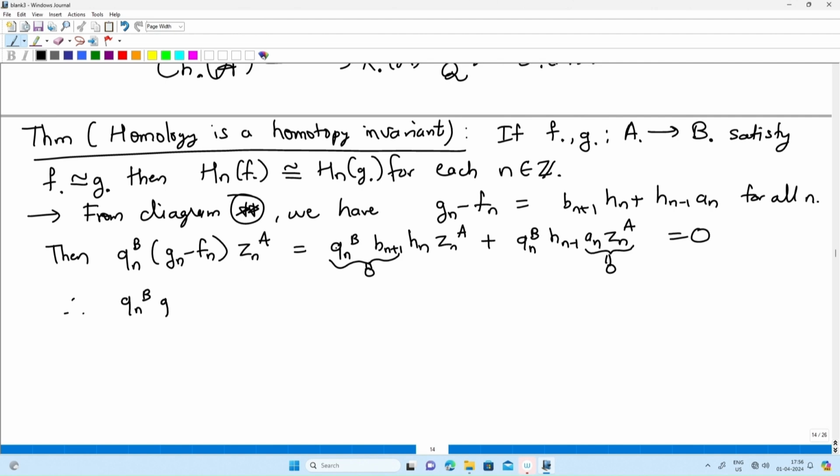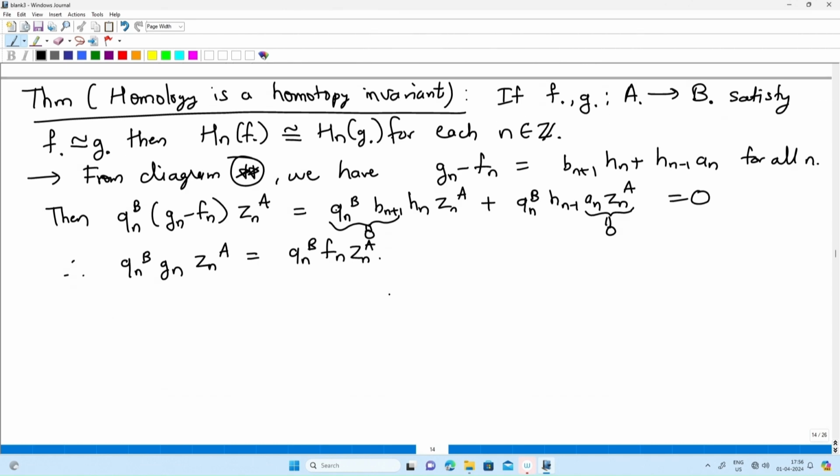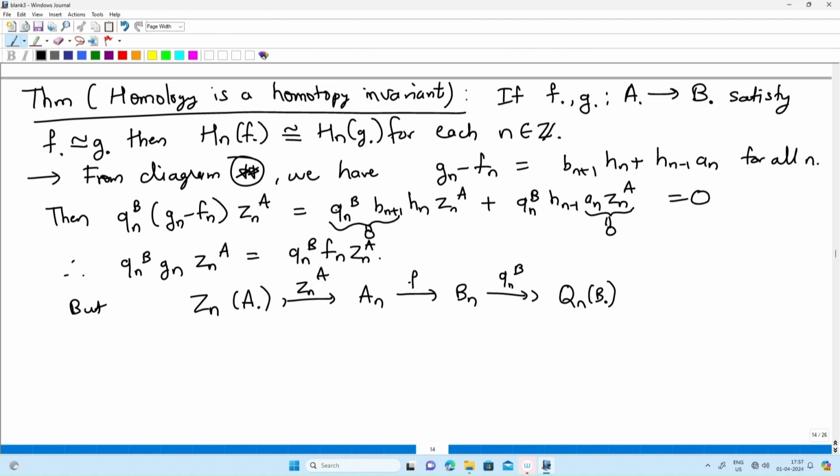That Qnb composed with Gn Zna is equal to Qnb composed with Fn Zna for each n. Now you just have to recall the definition of homology. But Zna, then An, then Bn, and Qnb, so this is Qnb, and this is Zna, and this is Fn.